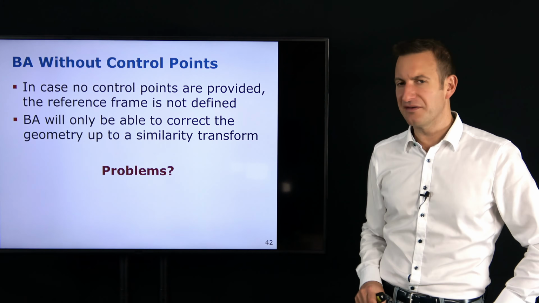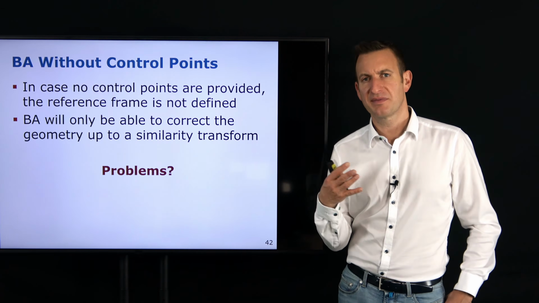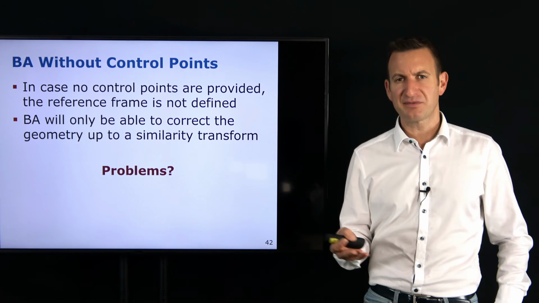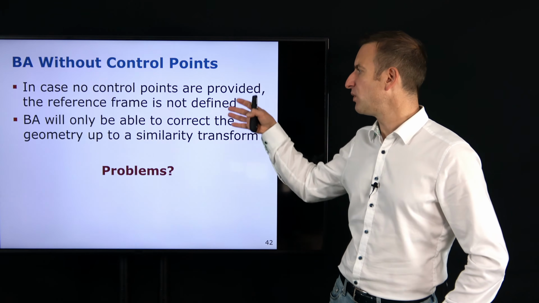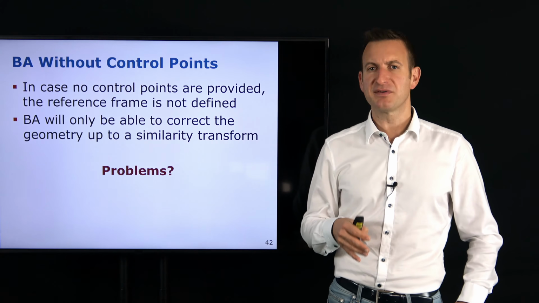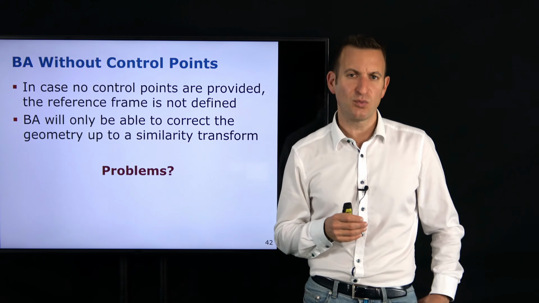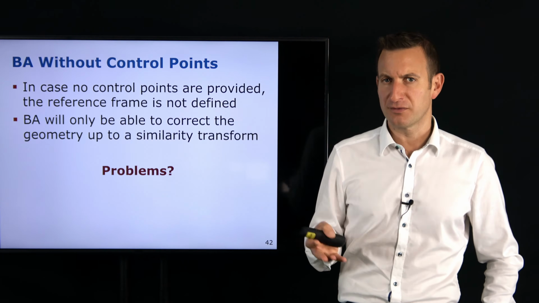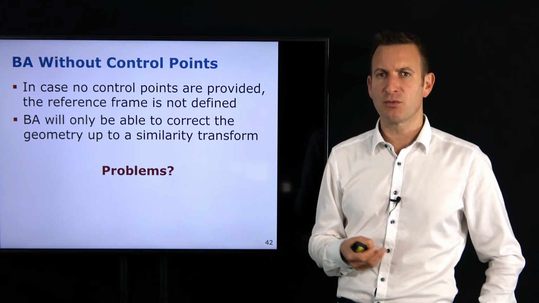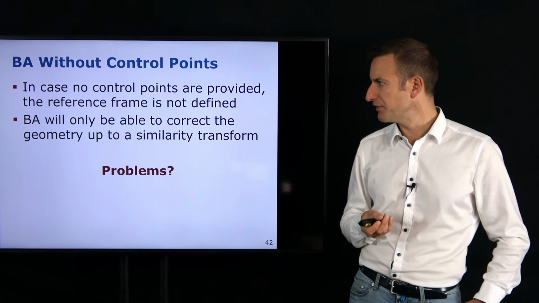And that's something that we have seen already before. This is something where we have used, for example, the absolute orientation problem in order to compute the absolute orientation for a solution that was computed for orienting a photogrammetric model, kind of anchoring it in the real world.